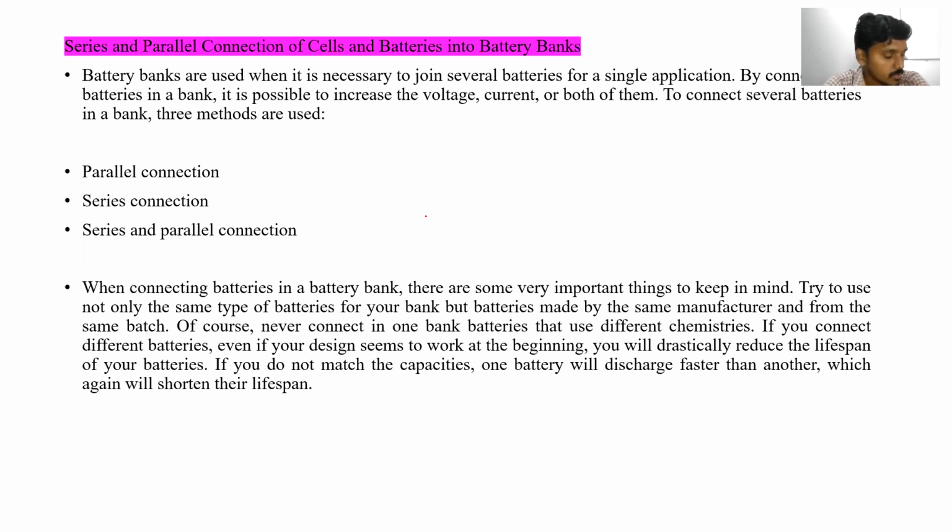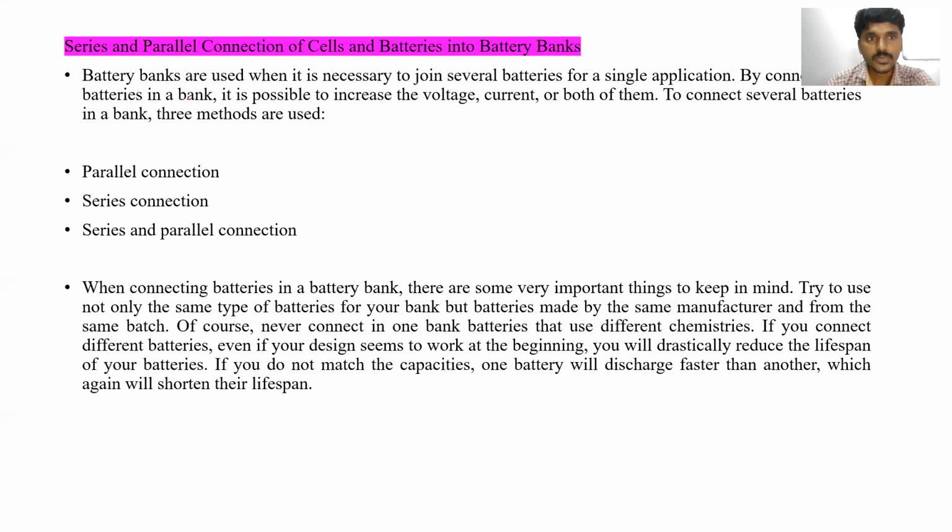So if more than one battery is connected in a particular connection, series or parallel, this combination can be called a battery bank. In the same way, if a number of cells are connected in series or parallel, that combination can be called a battery.